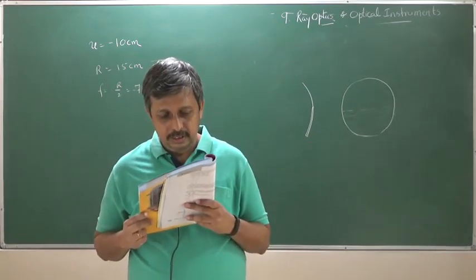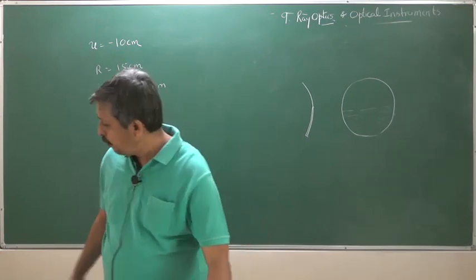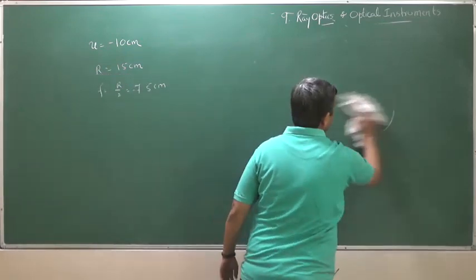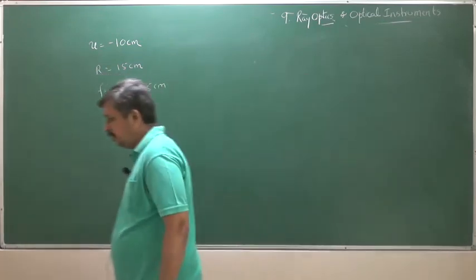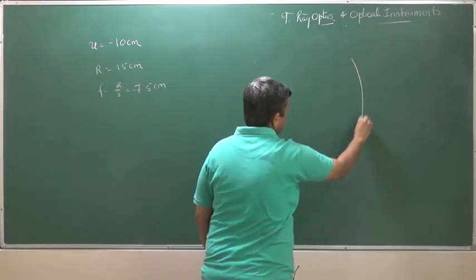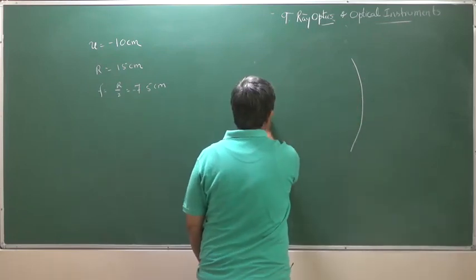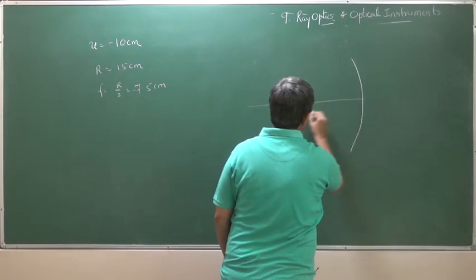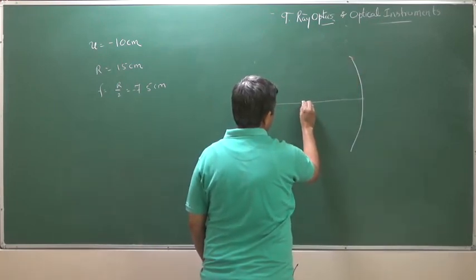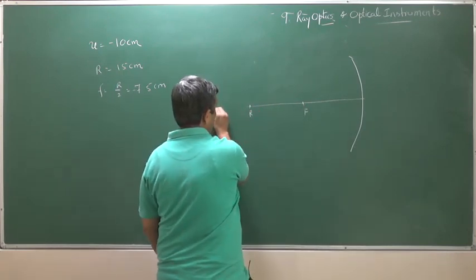Now there is another question. Let us say I have a concave mirror, and on the concave mirror, somewhere here is my f and here is my r, like this.